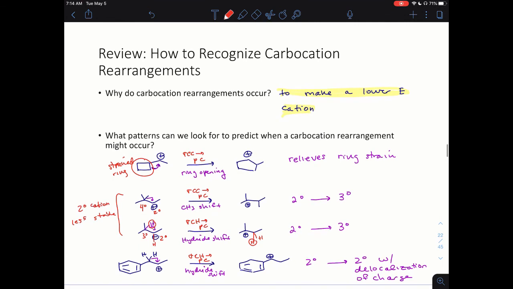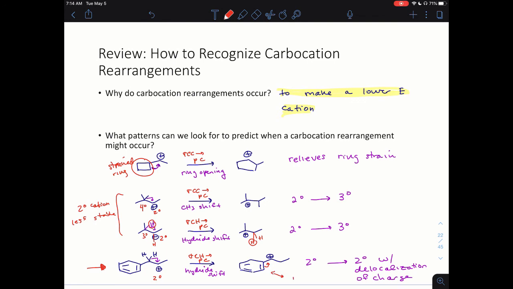And then this last example, for some reason, I don't have too many examples of these types of rearrangements in the notes, but it's important to point out. You can imagine where you have a carbocation shift to go from secondary and just an isolated, localized carbocation to secondary with resonance.